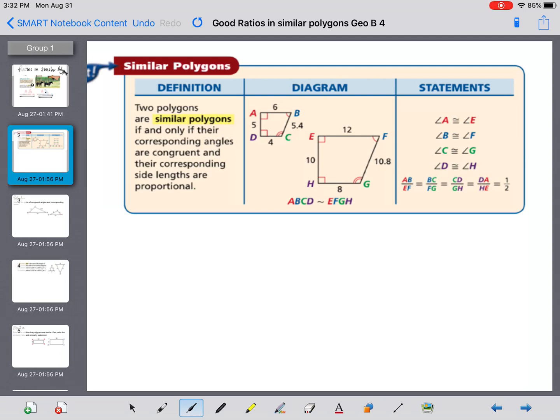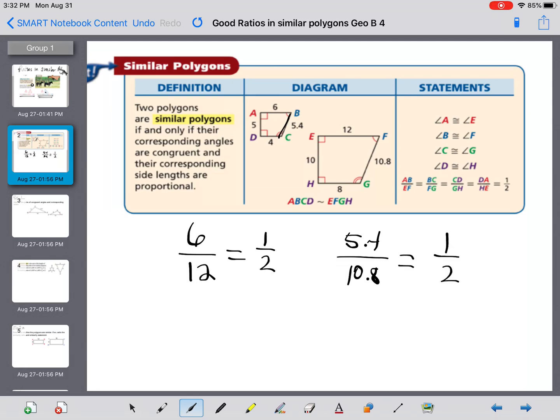For example, AB over EF: AB is 6 and EF is 12, which reduces to 1/2. If you double check BC over FG, 5.4 over 10.8, that would also equal 1/2. You could double check the next two, but all of them have to have the exact same ratio, and they do, 1/2, for the polygons to be similar.